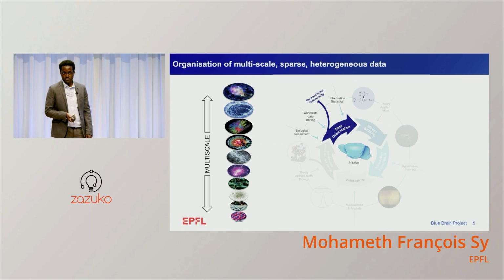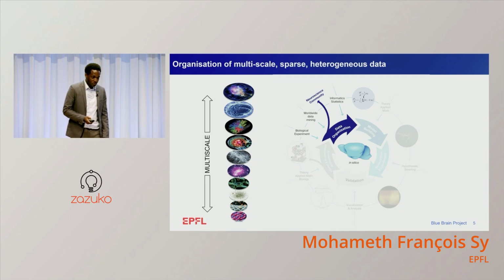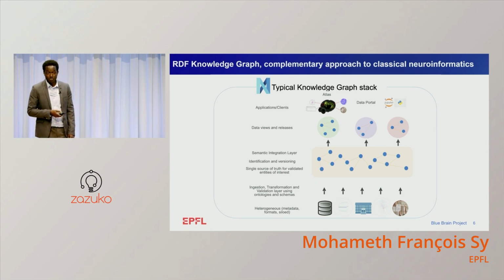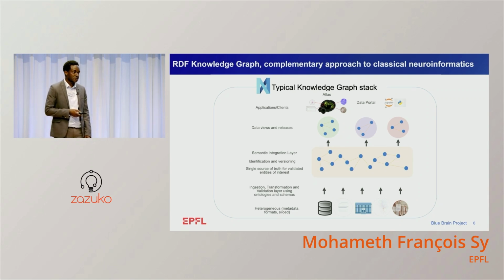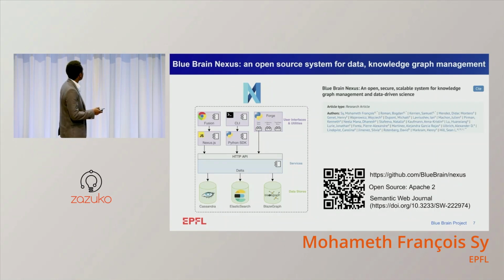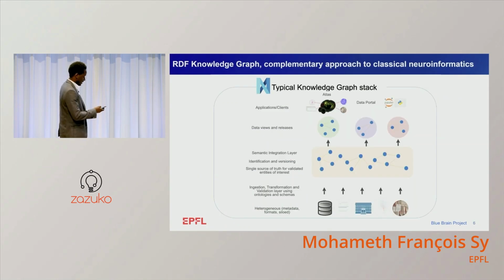So this is clearly a use case for RDF. We set out, some years ago, to build a knowledge graph stack to support this data organization step. Here I'm showing a typical knowledge graph stack that you know. There are various data, as I said, coming from different sources and different modalities.